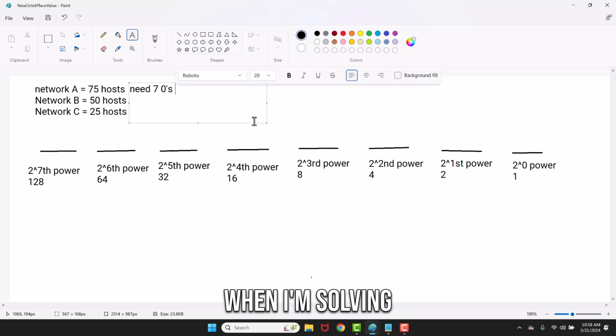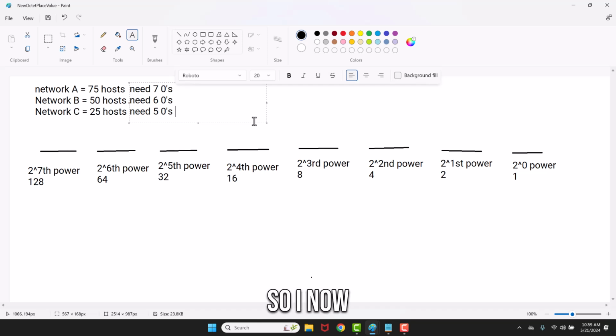When I'm solving for up to 50 hosts, I'm going to need 6 zeros, so it's going to be 2 to the 6th power. And when I'm solving for 25, I'm going to need 5 zeros. So I now have what powers I need. It's going to be 2 to the 7th, 2 to the 6th, and 2 to the 5th.